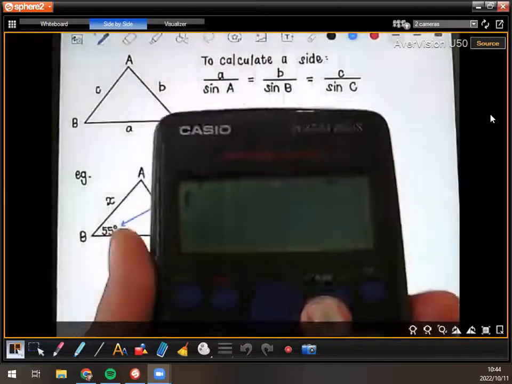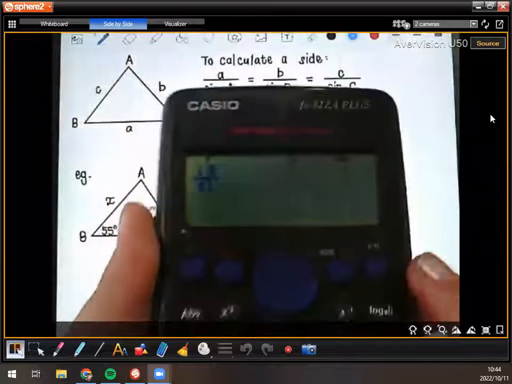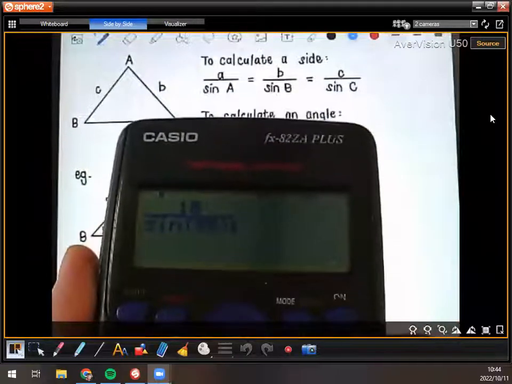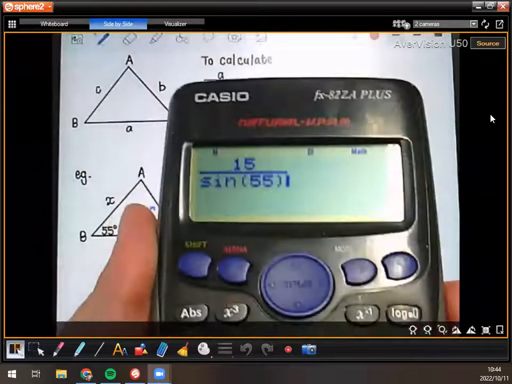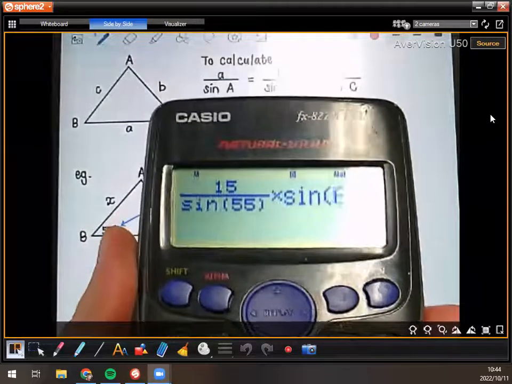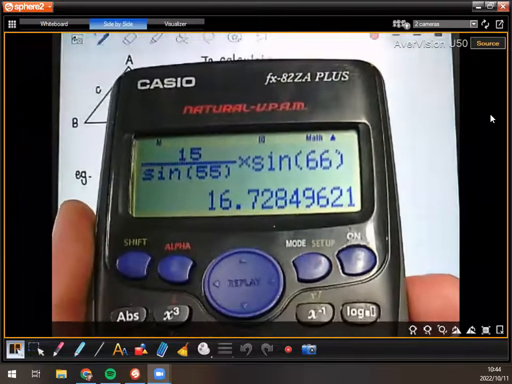So that's what you're going to type into your calculator, guys. 15 over sine 55. Just make sure that you then close your bracket after the 55. Close. Okay. And then you use your arrow button and then you say times sine 66, close your bracket, and that will give you an answer of 16,73.